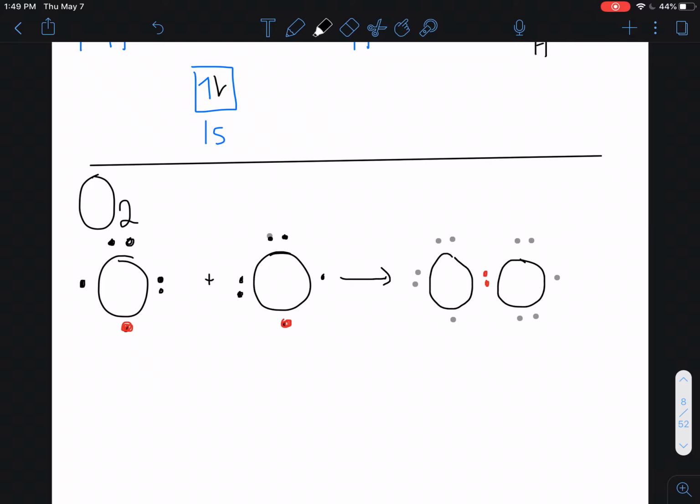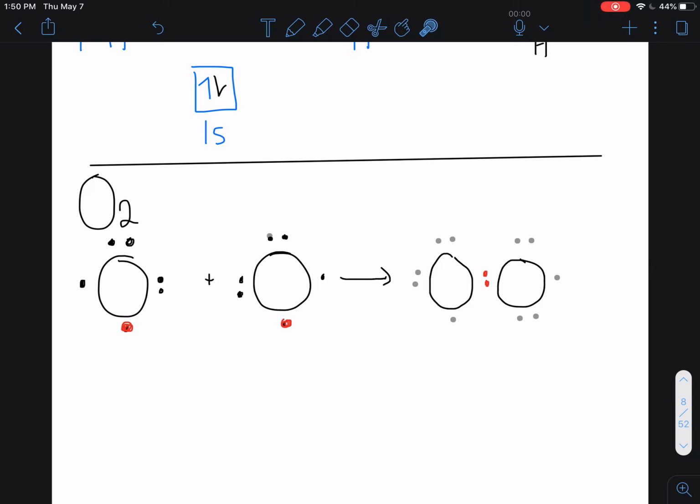Okay, so I have a bond in between these 2 oxygen atoms. I have a total of 12 electrons around here.